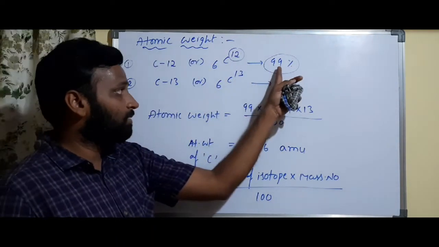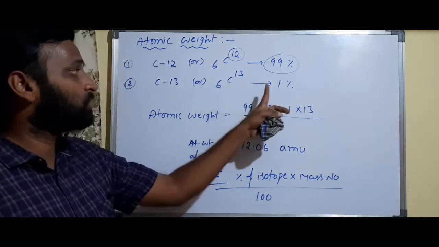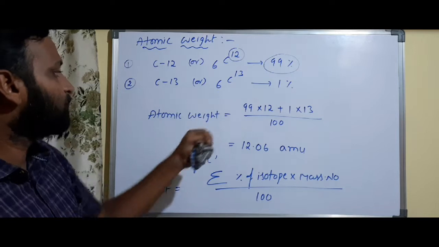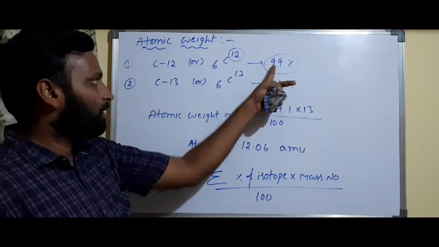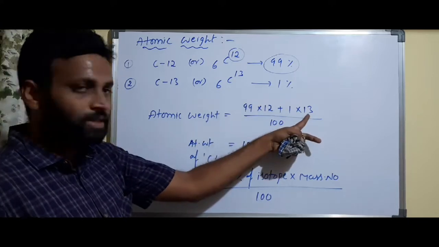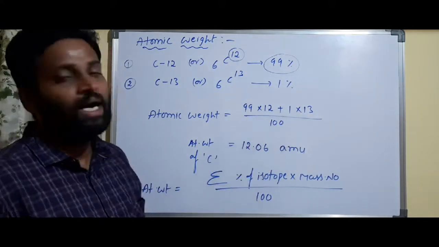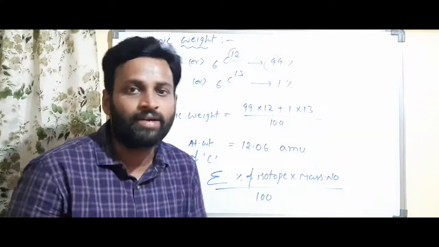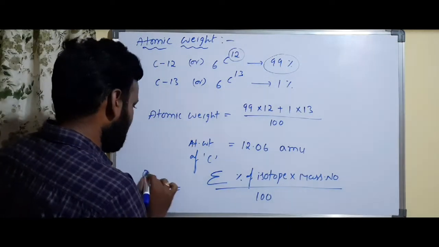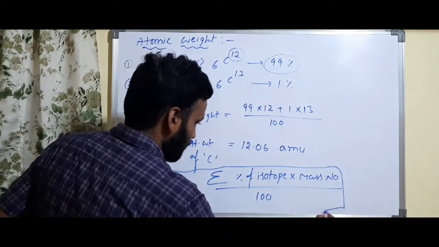C12 is available 99% and C13 just 1%. The percentage is multiplied by the mass number and divided by the total 100, because percentage means 100 total. So that is the atomic weight formula.